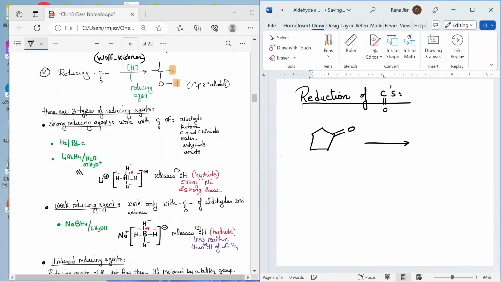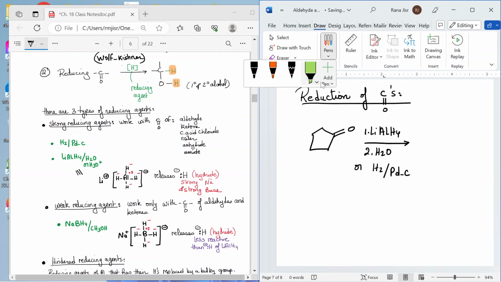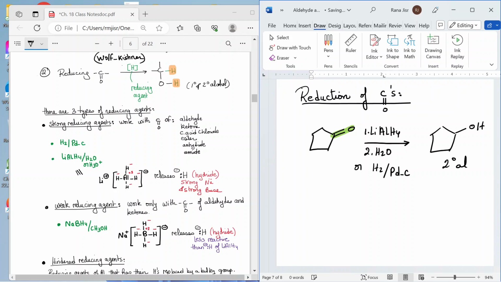Whether you use lithium aluminum hydride followed by water or H3O plus, or you use hydrogen in the presence of PDC, the carbonyl is going to turn into an OH. We said that ketones are going to be reduced into a secondary alcohol.